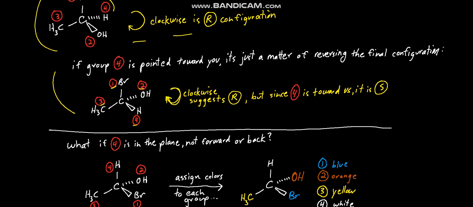That suggests that it's the R configuration, but with 4 pointing toward us, we just reverse it and say it's the S configuration, which in fact is what it would be if we were standing behind the screen looking at it from the opposite side, and 4 would be pointing away from us. If you get good at this, you can do this in your head much more easily.